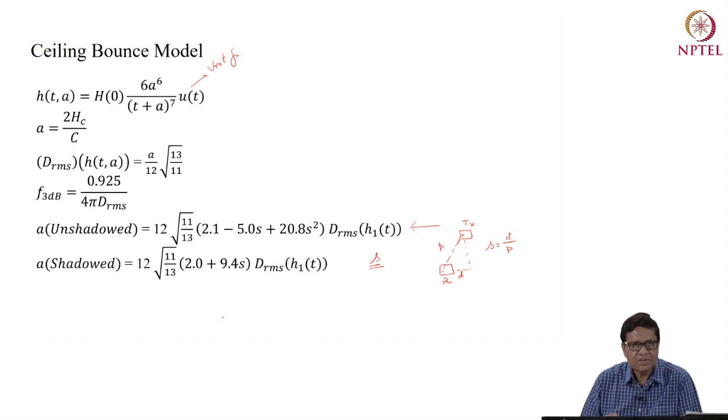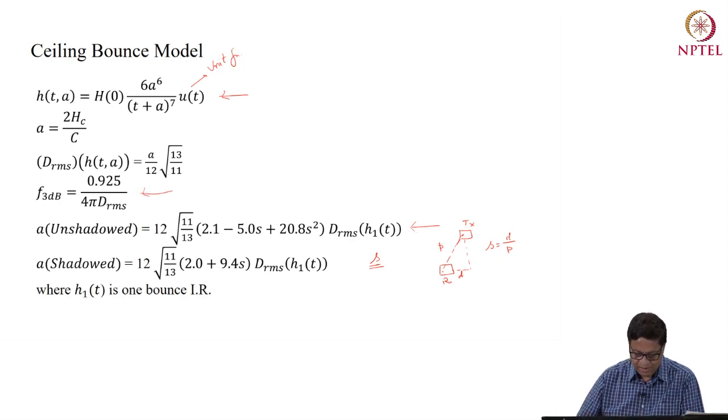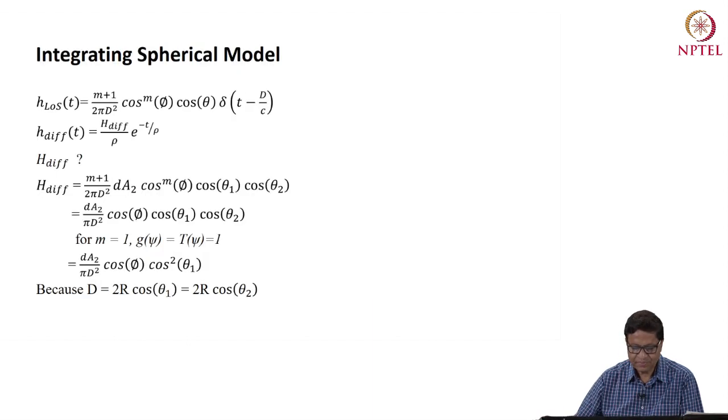So this is another formula which one can use for finding the bandwidth of the channel or the impulse response of the channel, using this formula and this expression, where H1(t), I forgot to mention, is the one-bounce impulse response.